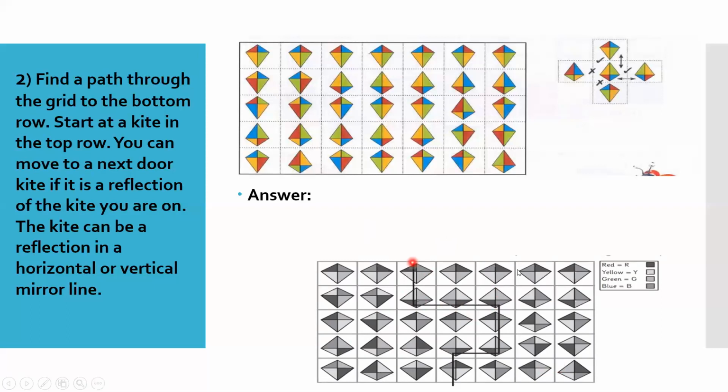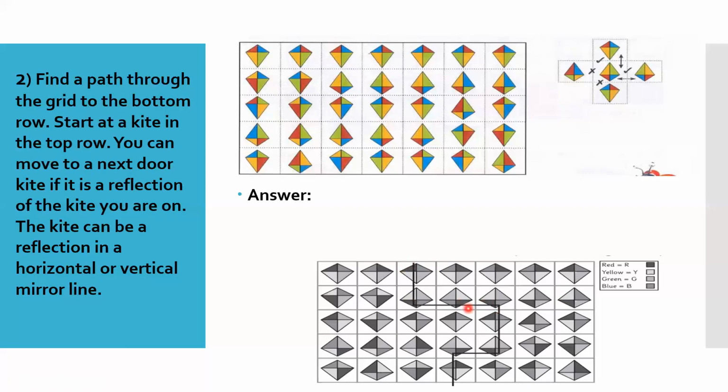If you find any other path which satisfies all the conditions, you can draw that path in your textbook and share it with me through Class Dojo. This is only the one path I found which satisfies all the conditions. If you can find more paths, you're free to do so and share with me. Okay.